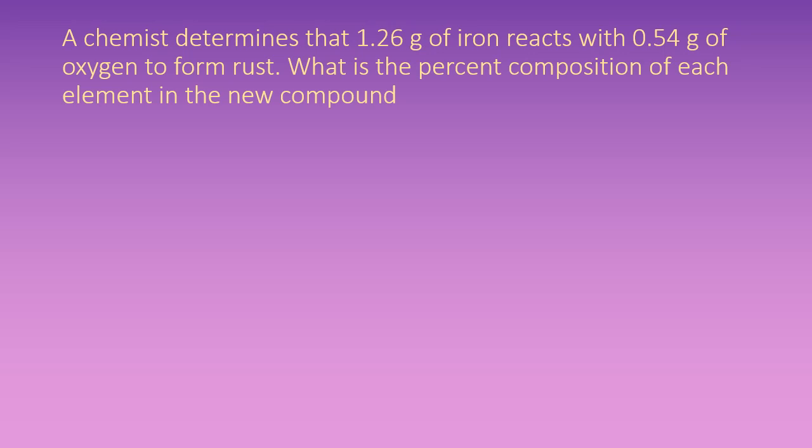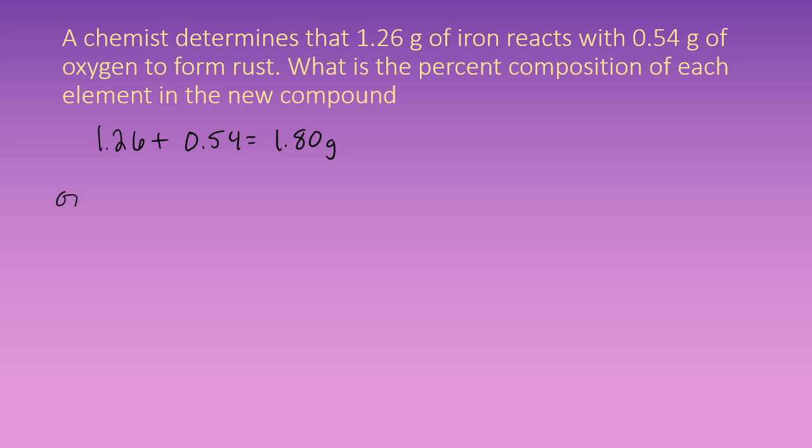And when that happens, we can assume that the final weight of the resulting compound is the addition of the two elements that make it up. So the total weight of the compound would be 1.26 plus 0.54 for a total of 1.80 grams total of the new compound. And with that information, we can figure out the percent compositions of iron and oxygen in our compound.